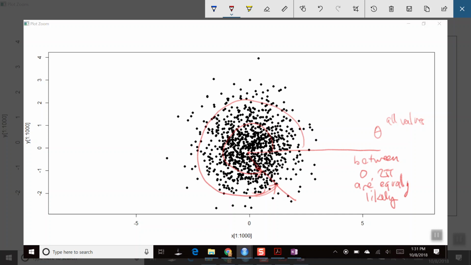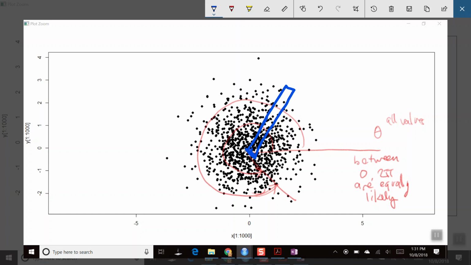But then if we look at any one of these pieces here, okay, if we just take, let's say this is the angle we've chosen, what we see is that values closer to the origin are much more likely, and values out here are less likely.